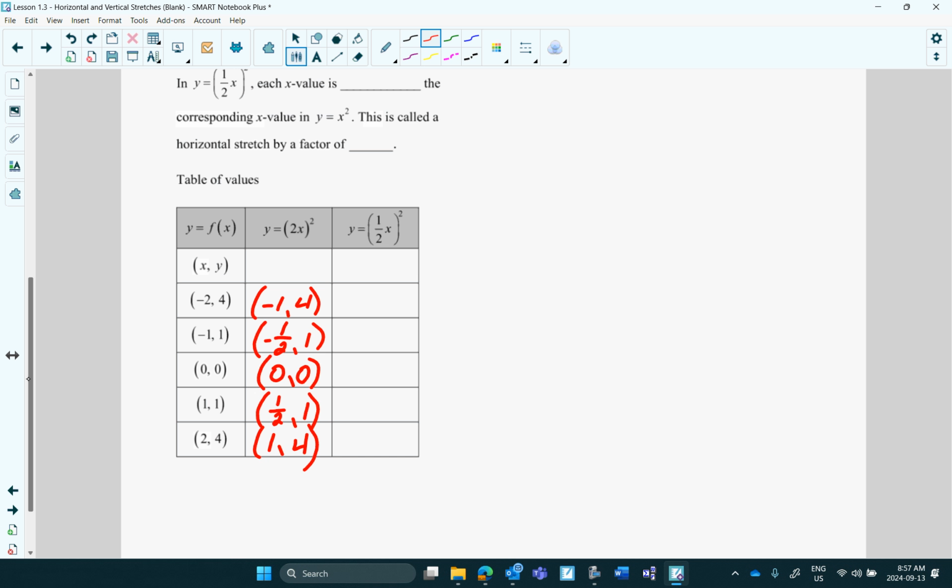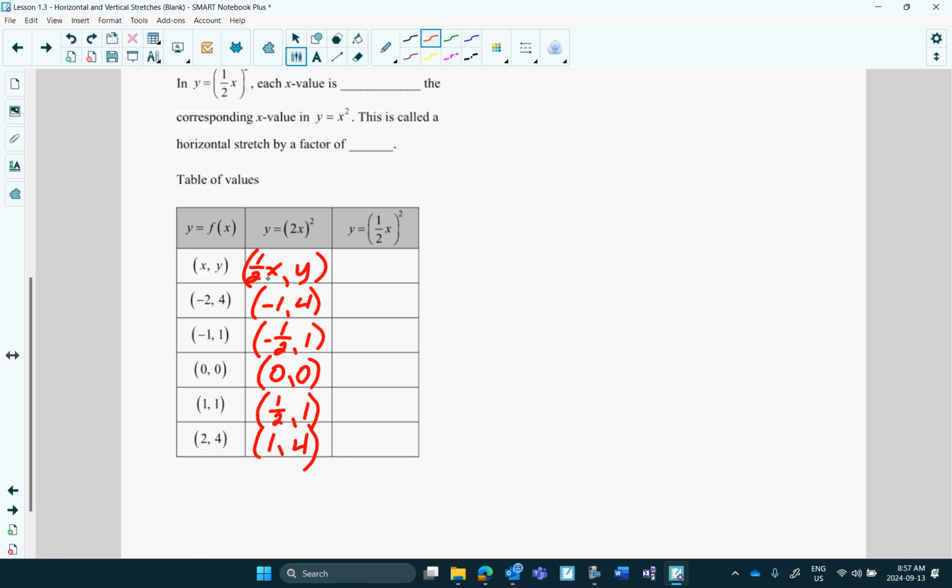Notice the y's are all the same. What happened to the x's from x squared to, in parentheses, 2x squared? They halved. So I kept the y values the same, but the x values halved. So when the 2 was inside, the actual stretch was 1/2.